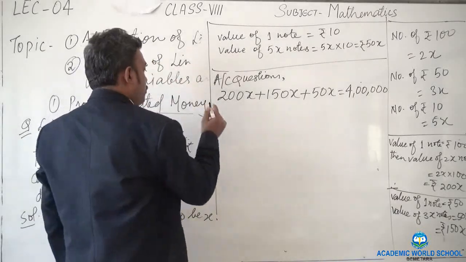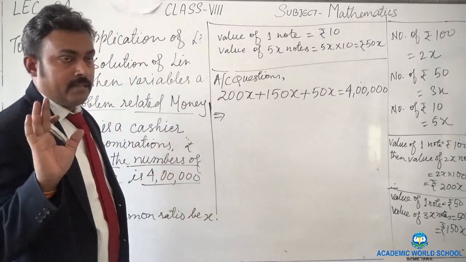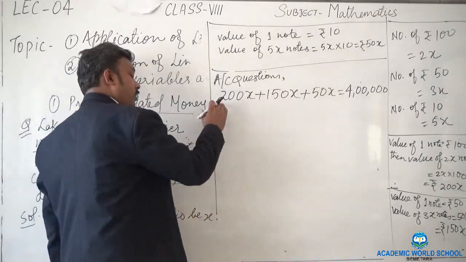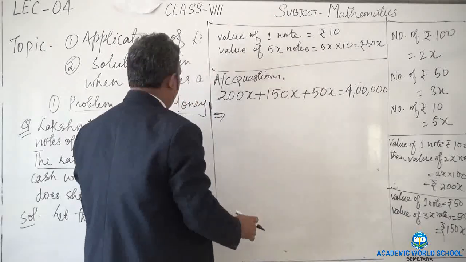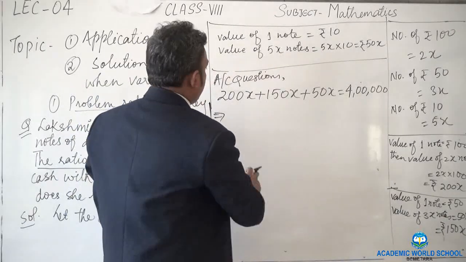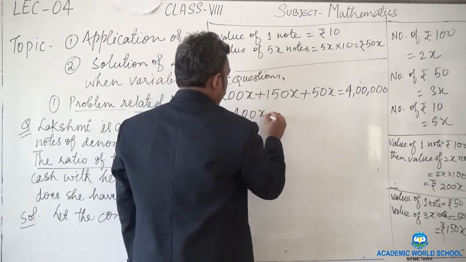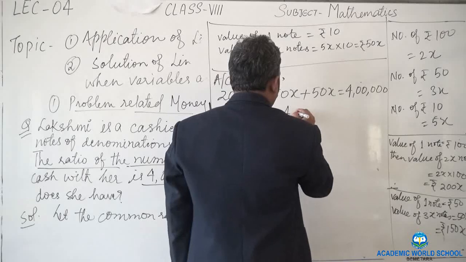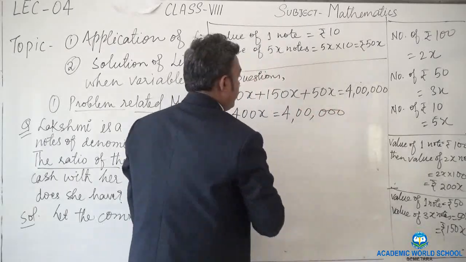Okay. So these all are like terms. They are all the same type of terms, so they will be added because the signs are all positive. If you add all this, you will get 400x will be equal to 4 lakh.